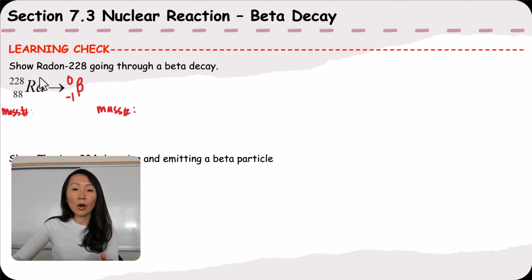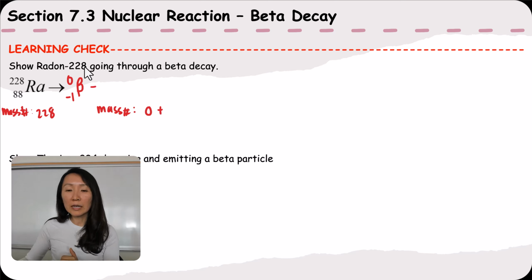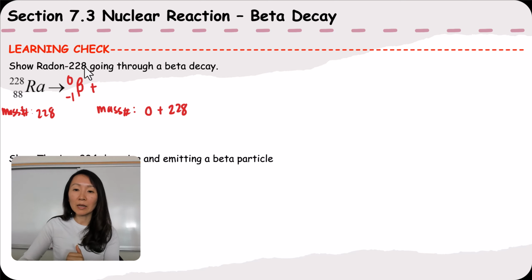On the reactant side, there's only radon, so that's 228. On the product side, we have a 0, and we're going to have an element with 228, because we want it to equal a total of 228.